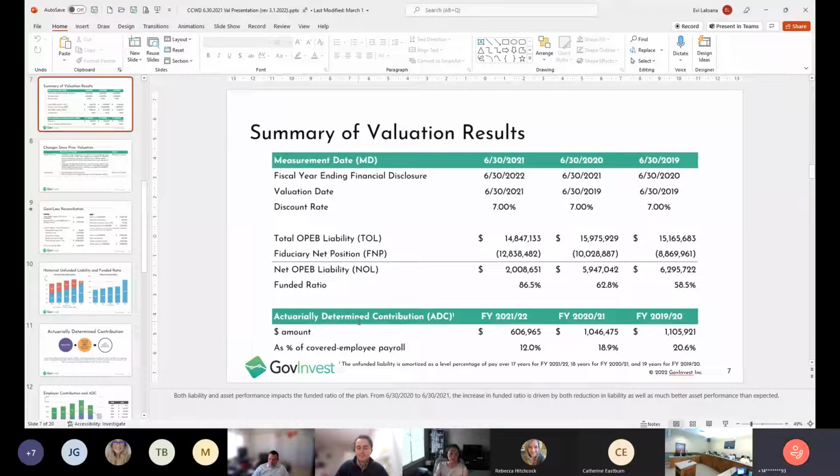So could you repeat that, please? Sure. So the district works with us not only for their OPEB valuations, but they have a modeling software with us that would allow folks on staff to help run different scenarios where if there were to be changes in the investment return for the OPEB trust, you could see on a forward-looking projection how it would impact the assets as well as the district's liabilities.